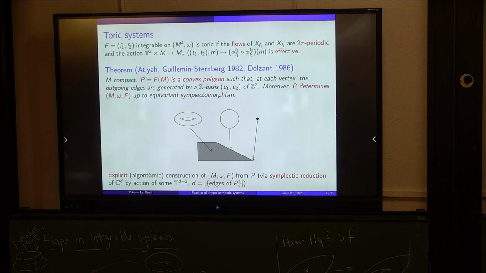And not only is the algorithm explicit and doable by anyone, it's really simple, but also the outcome is explicit. So in the end, you get the symplectic manifold as a symplectic reduction of some power of C by some Hamiltonian torus action, and the action is explicit. You have the explicit generator of the action.